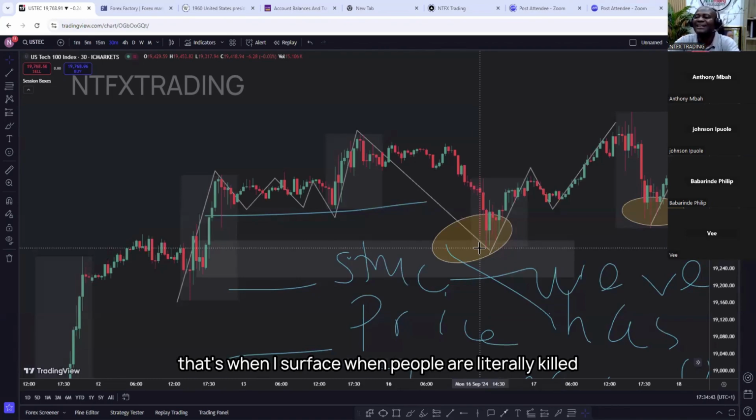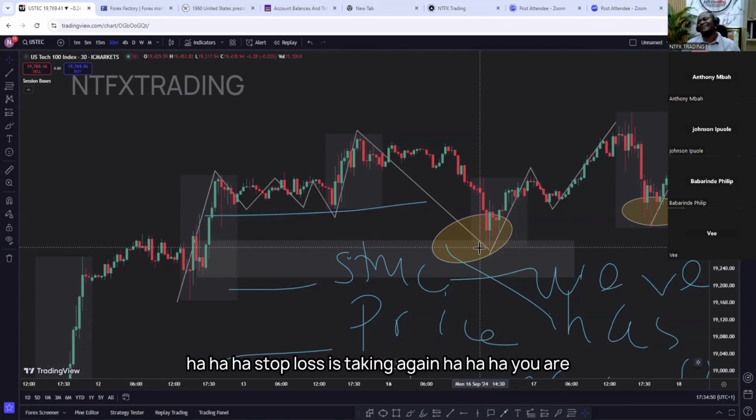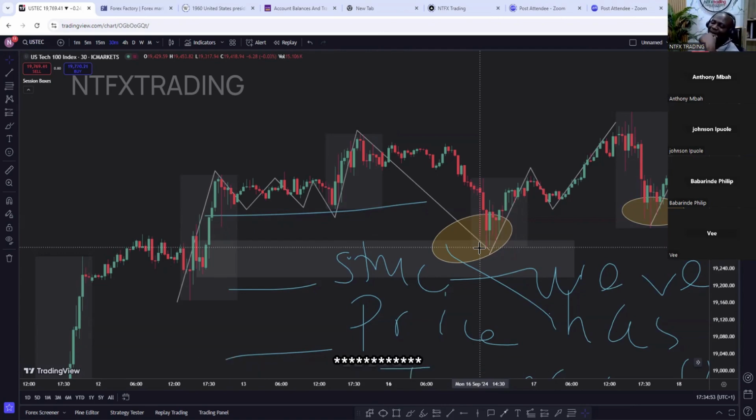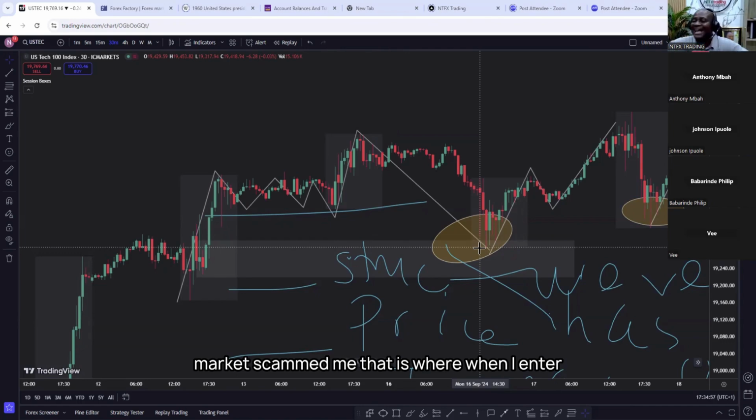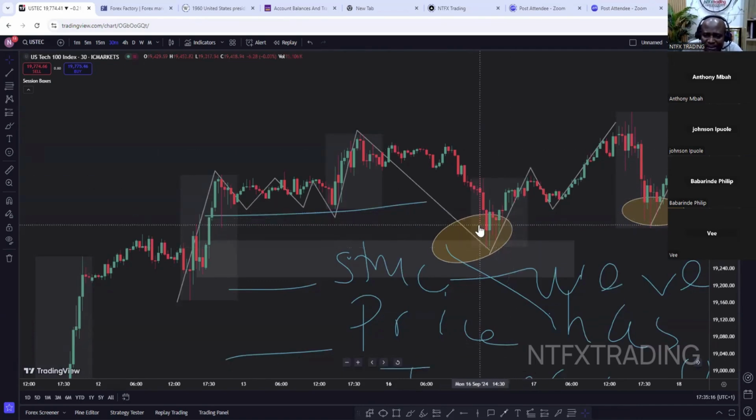When people are literally killed, saying this market scammed me, the stop loss is taken again, that is when I enter. When you are crying, that's when I enter. So that's what I want to show you. The secret behind that is what I'm showing you, so that you too begin to practice it and come up with an acceptable entry that the market can no longer rig you out of.